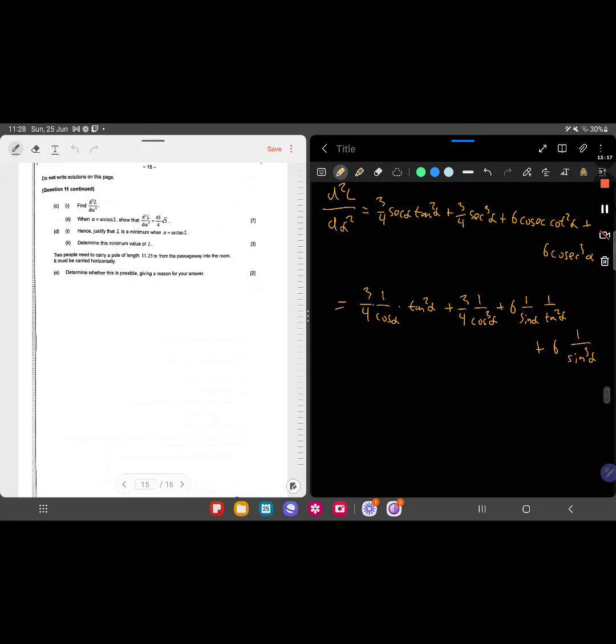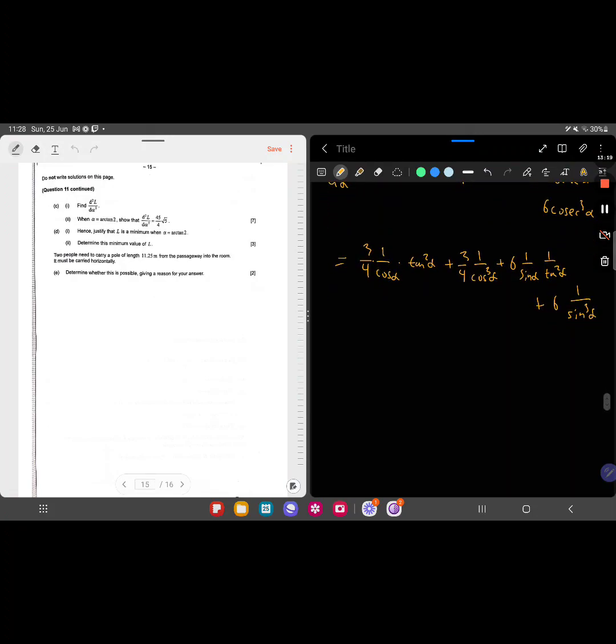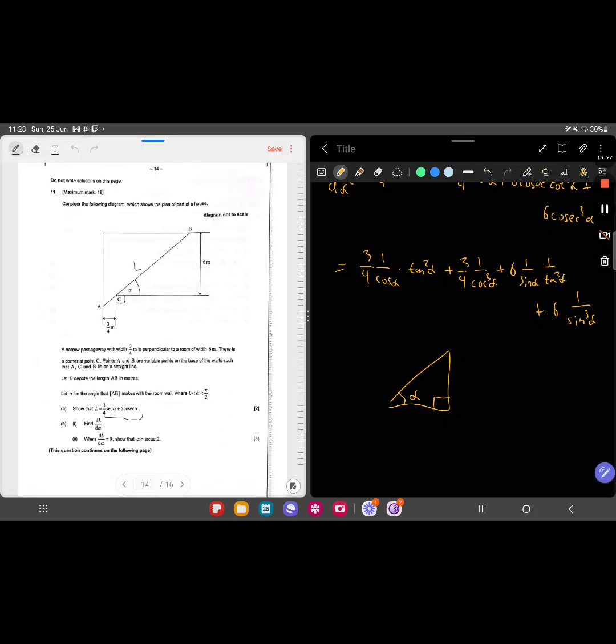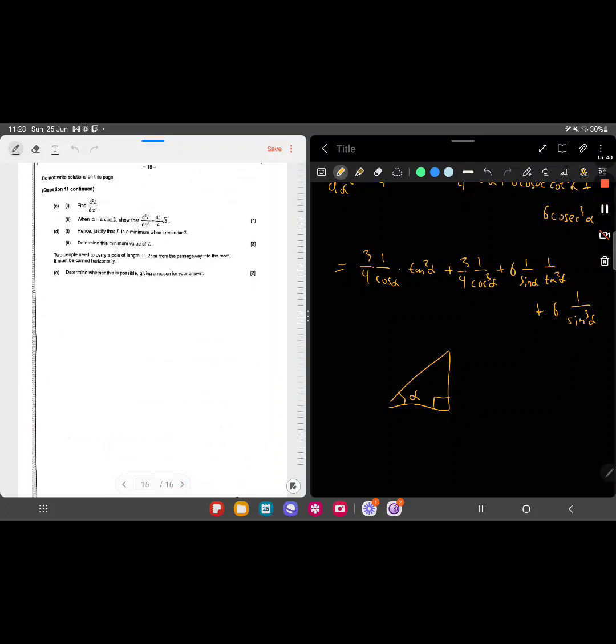What if I get the alpha? Let me think of a triangle. Could I use the picture to find another way? No, I can't. This is looking long.